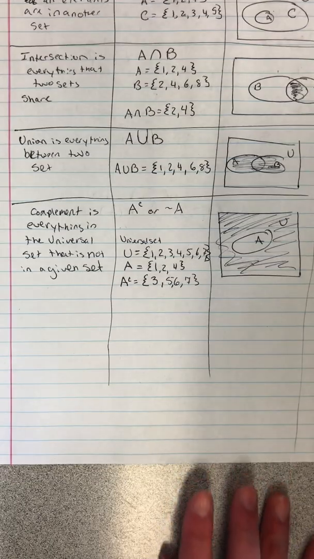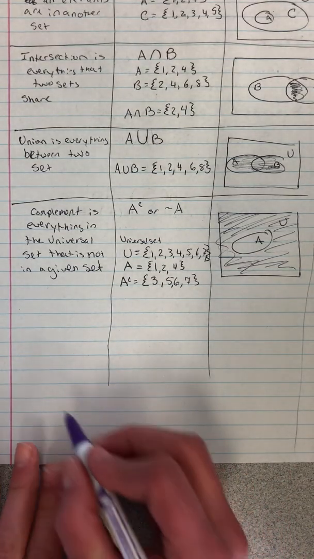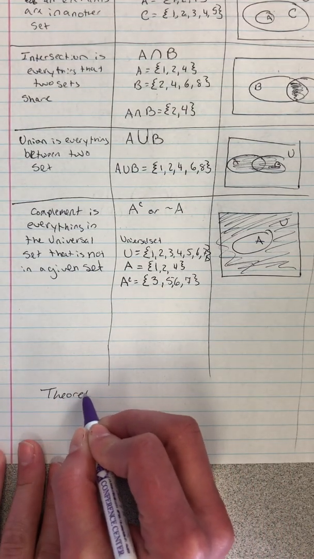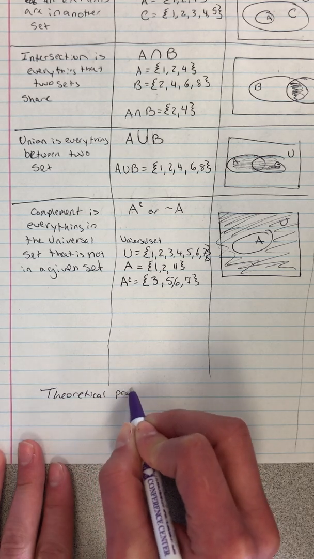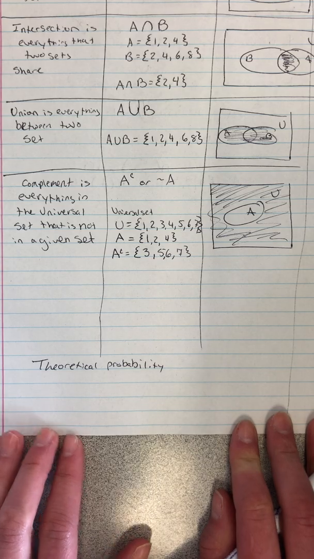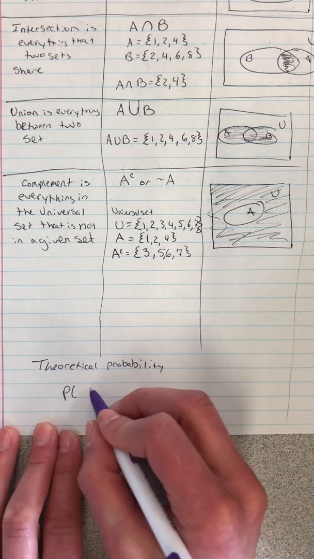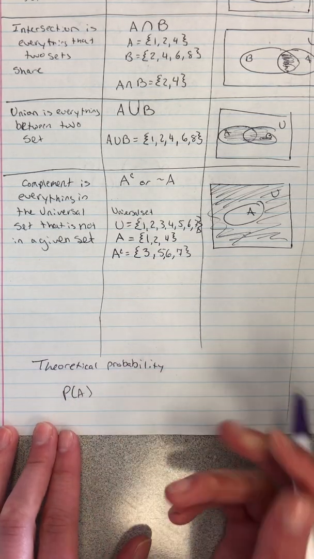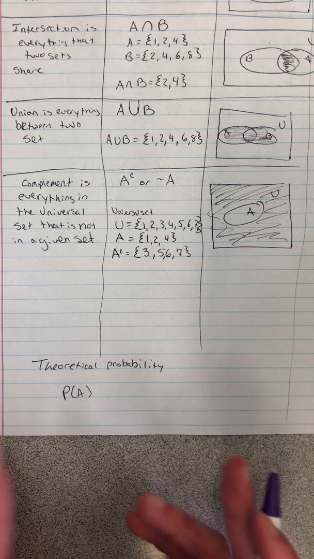Now let's talk about theoretical probability. Theoretical probability is written as P of whatever you're looking for. So in this case, I'm going to use set A, just because.